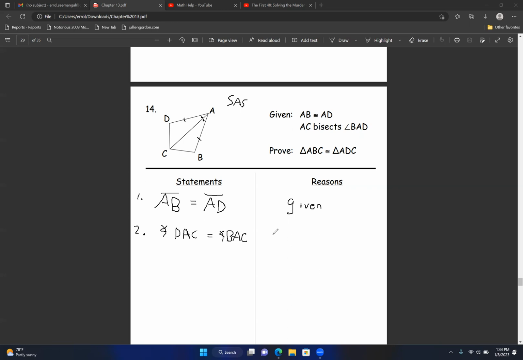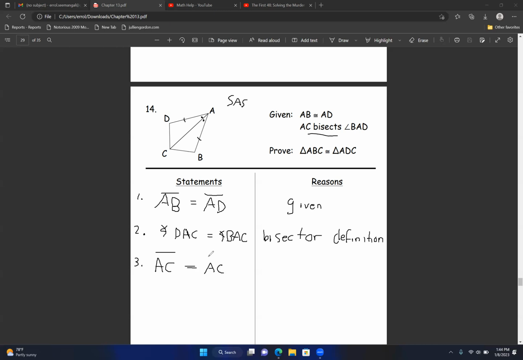This one. Bisector definition. Okay, that one's good. And then line segment AC equals line segment AC.